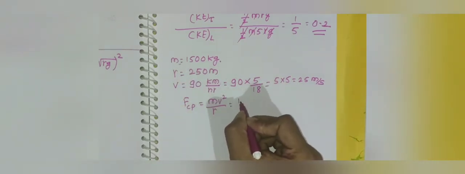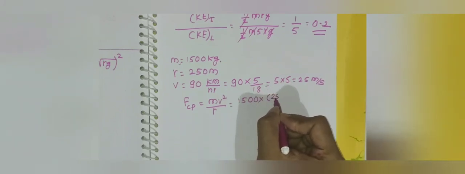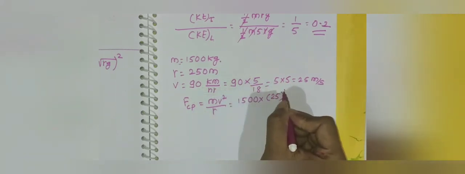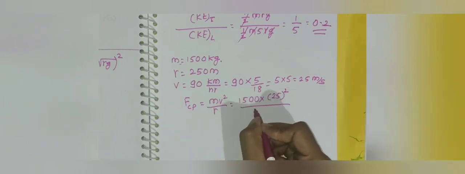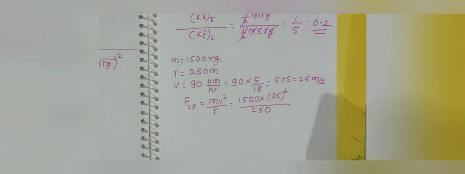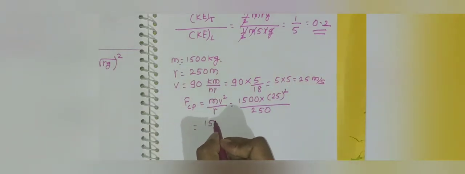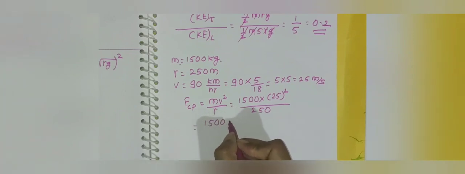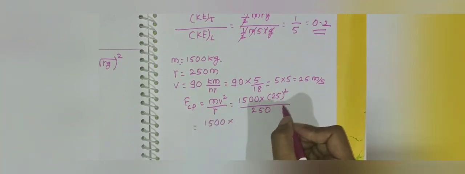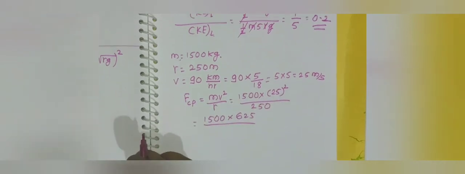So m is 1500, velocity is 25, but we have to square it, so 25 square, and radius is 250. So now 1500 into the square of 25, which is 625, divided by 250.